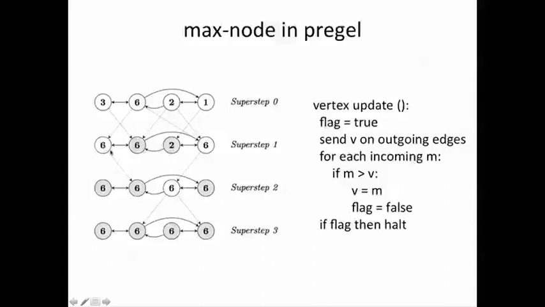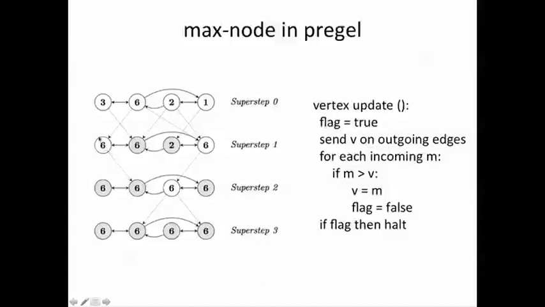Vertices 1 and 4, however, are not halted, so they have to propagate their value in the next super step. So they are actually going to send the value on the outgoing edges.